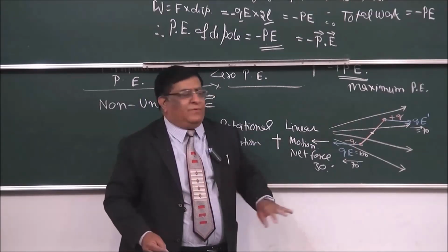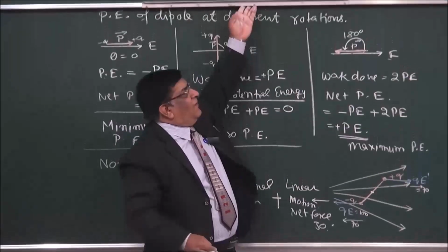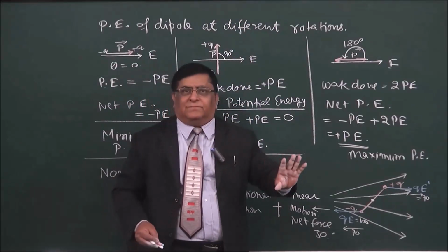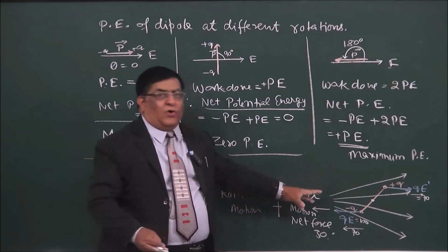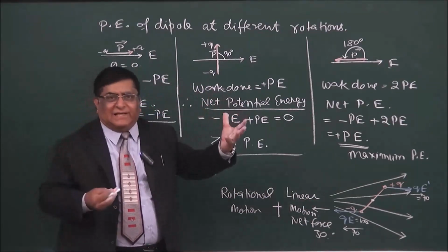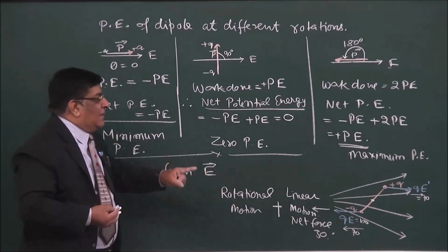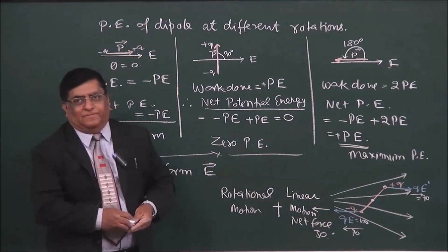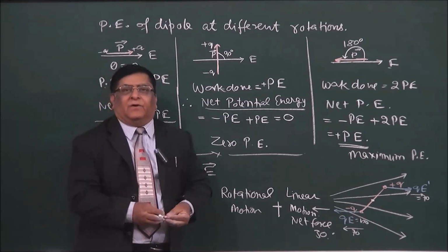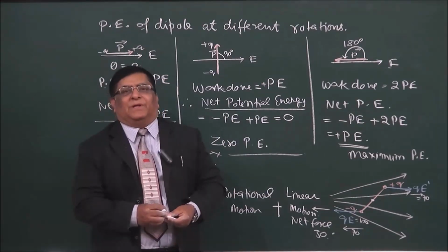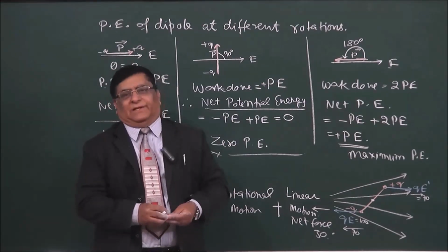So generally we get all our situations where electric field is normal, that is uniform, and the non-uniform electric field is only a question for our thinking, for quiz purposes, but if it happens, there will be both the motions in a dipole. So now we have studied all the characteristics related to dipole when it is kept in an external electric field.